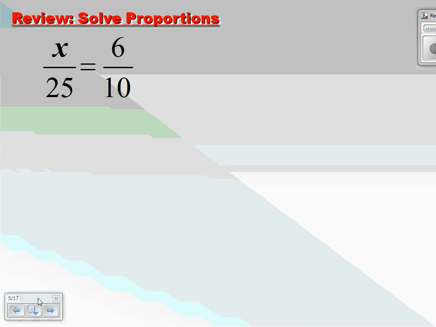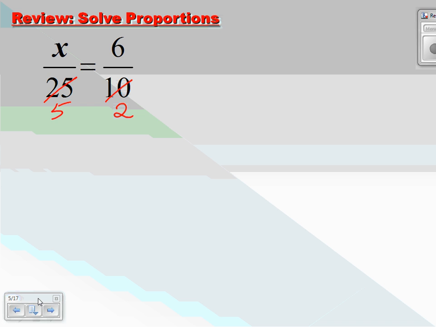All right, guys. From what we've done before, again, we can simplify this up and down, left and right. I'm going to first choose simplifying left and right. I know 5 is the biggest number that goes into 25 and 10. 25 divided by 5 is 5. 10 divided by 5 is 2. At this point, I'm going to simplify up and down, the 6 and the 2.